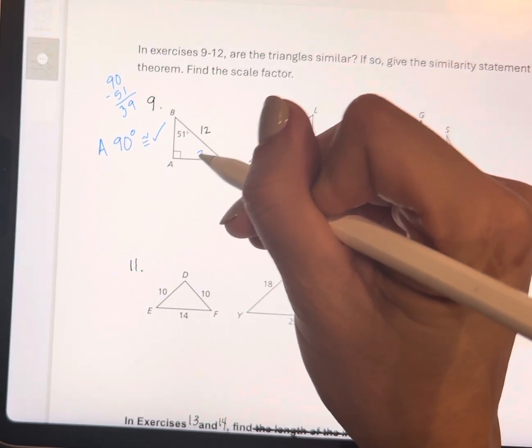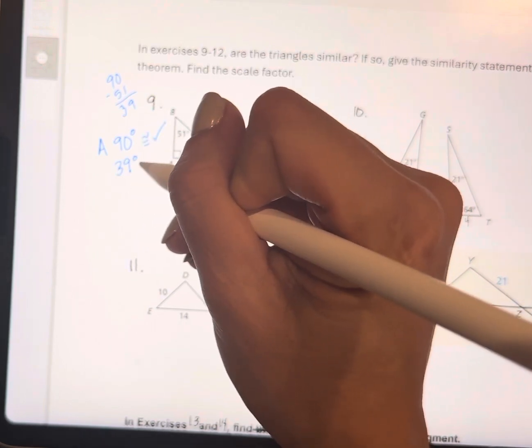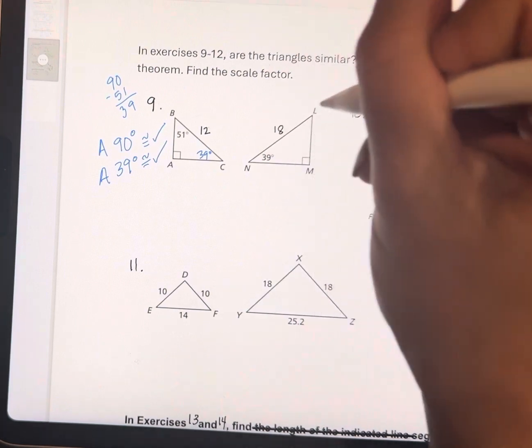So this is 39. Now we also have 39-degree angles congruent to each other, check. Angle, angle. These guys are similar.